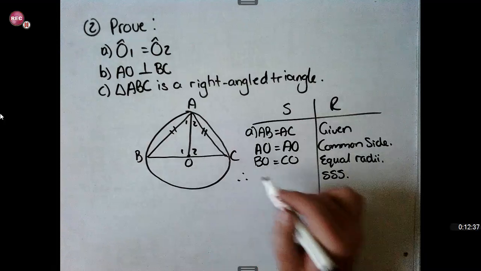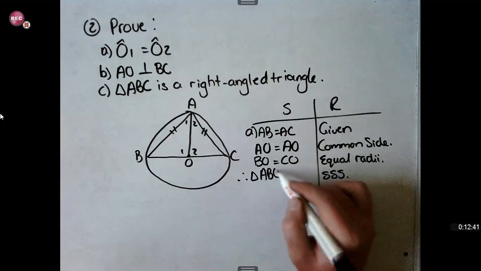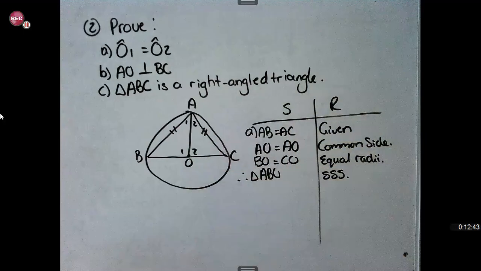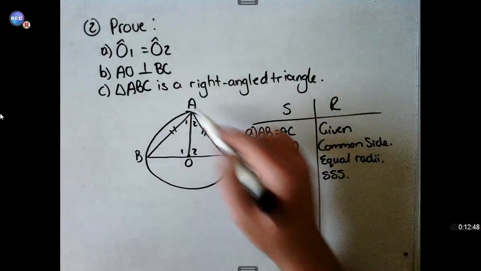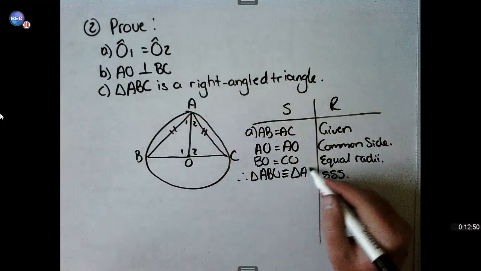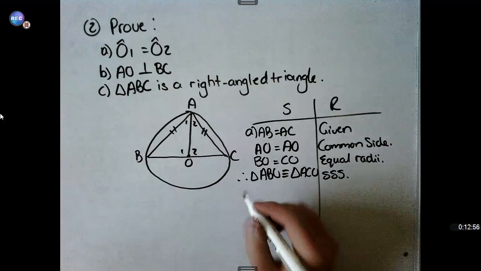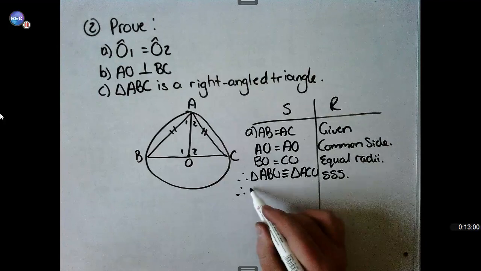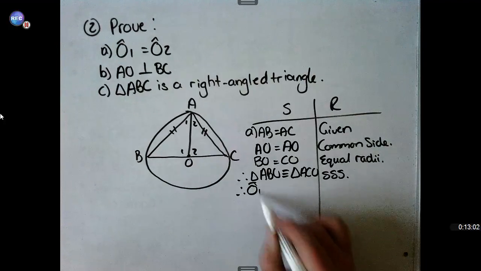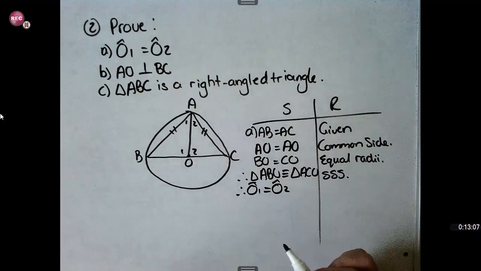So therefore, triangle ABO is congruent to triangle ACO. And there you go. You've proven congruency, which therefore means angle O1 is equal to angle O2 in this case.